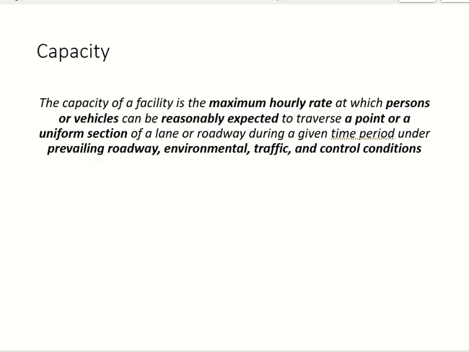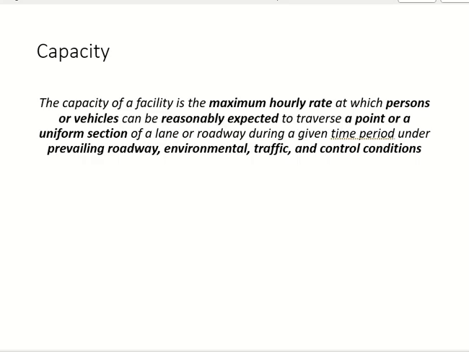Secondly, they have given us a general definition which can apply to even bus systems or railway systems. But in that case, they change it to maximum flow rate of persons, not cars. Persons or vehicles. If there's a bus system, we are not actually looking for maximum number of buses.